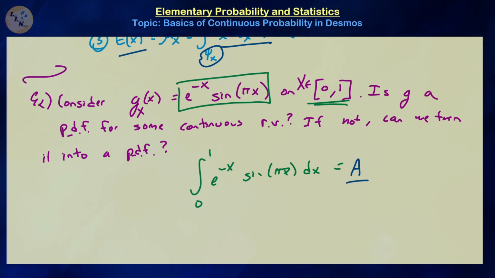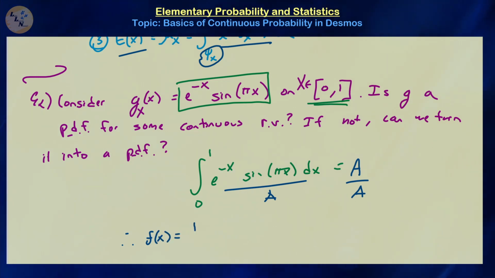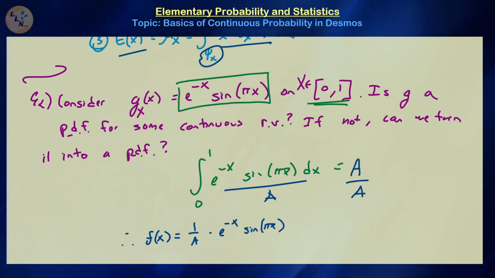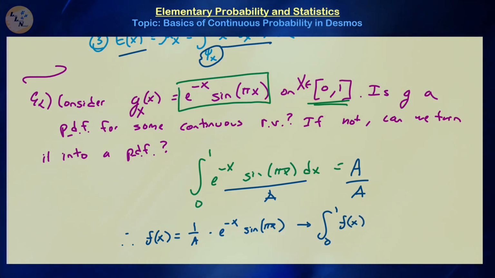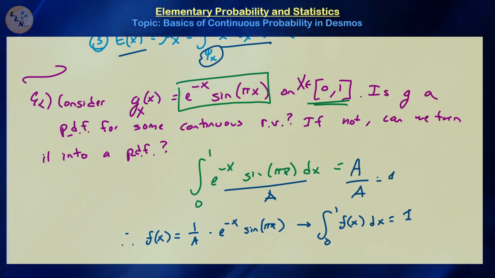And what I can do is I can divide both sides of this equation by a. So that means if I define a function f of x to be equal to 1 over a times e to the minus x sine of pi x, that means the integral from 0 to 1 of this new function is going to come out to 1 because a divided by a is equal to 1 regardless of what that a value is.